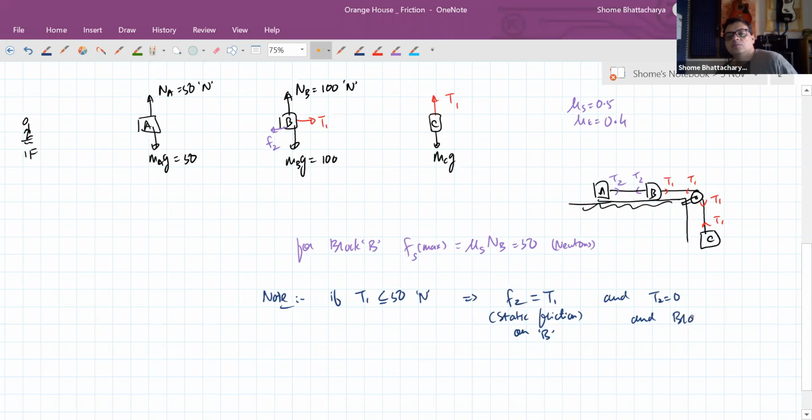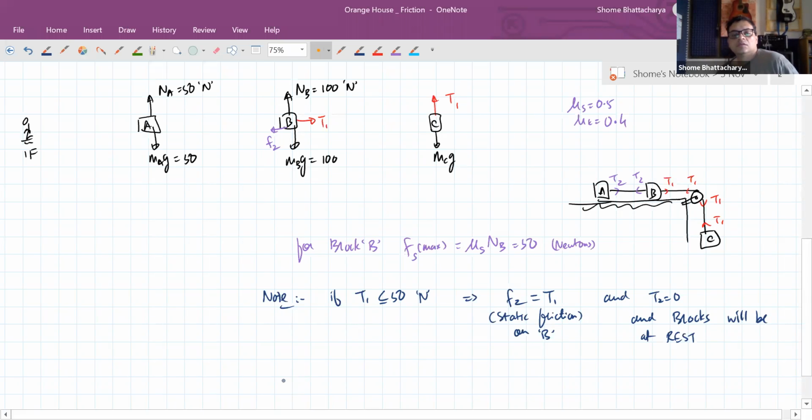And blocks will be at rest. So in the first case, that is what is happening.